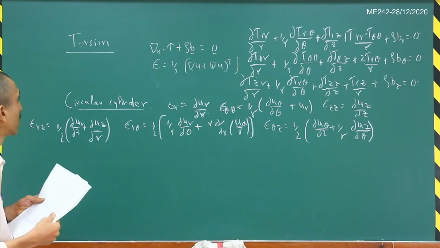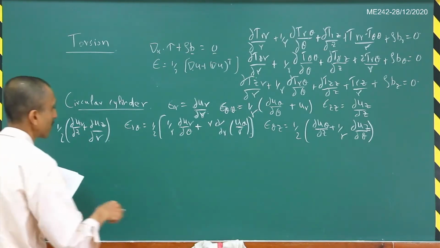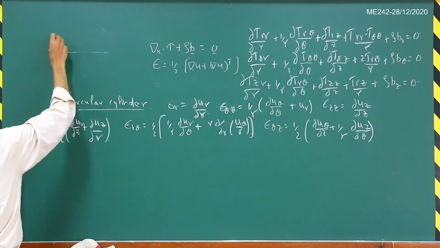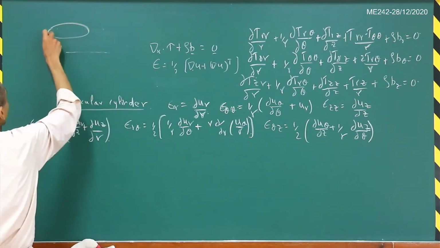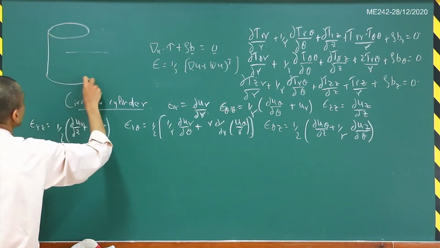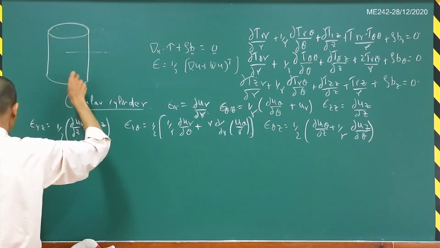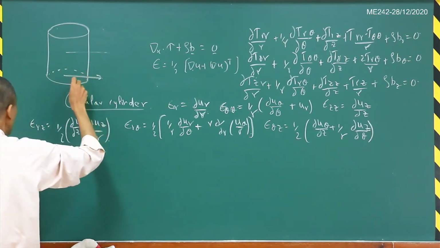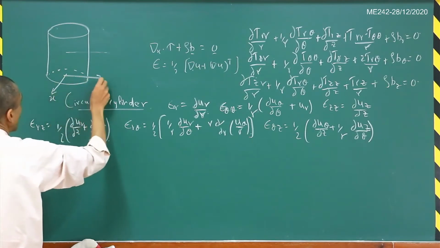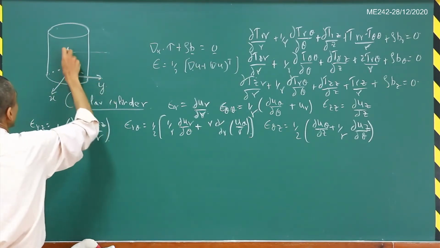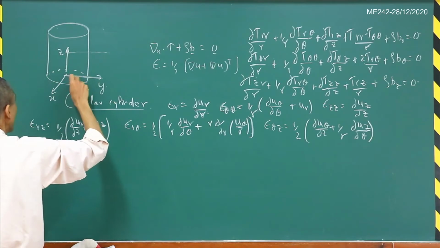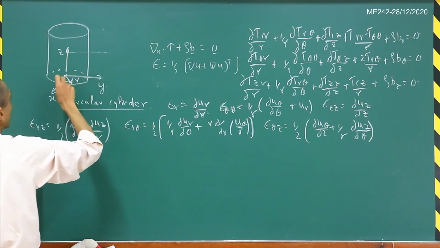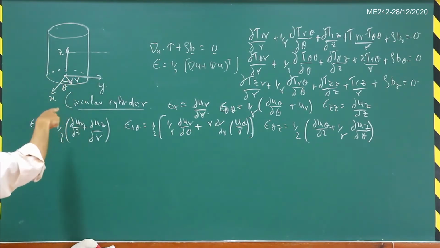So let us look at the setup now, the circular cylinder. The setup is this way. There is a circular cylinder here, and this is your X, Y, and this is your Z axis, and this is R, and this is theta. So this is the cylindrical coordinate system.